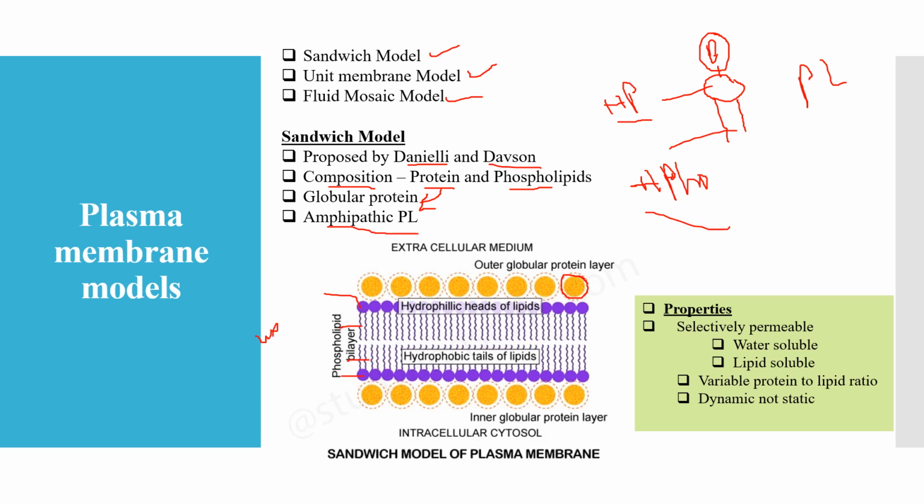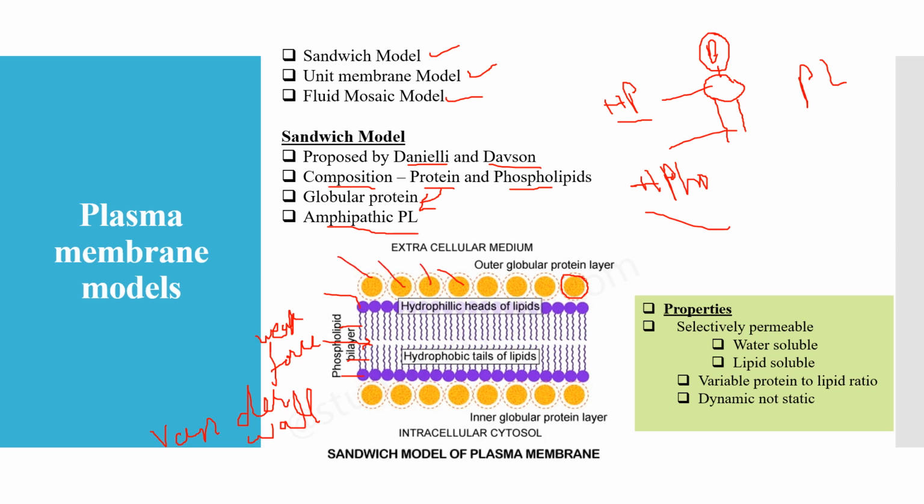Between the two layers a weak force is present, and this weak force is van der Waals force. Outside the lipid bilayer, protein is present, and you can see here the globular protein on both sides.